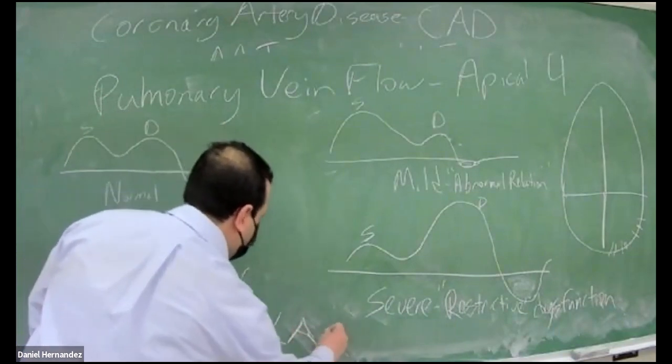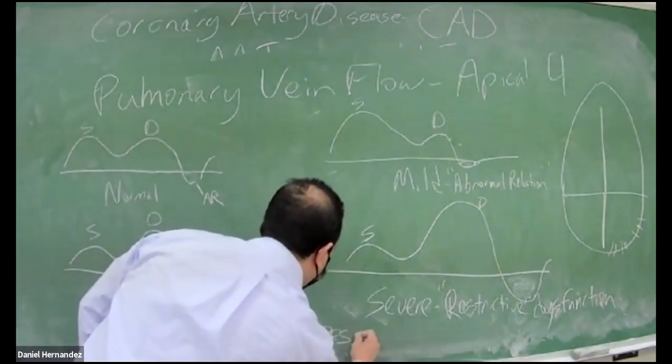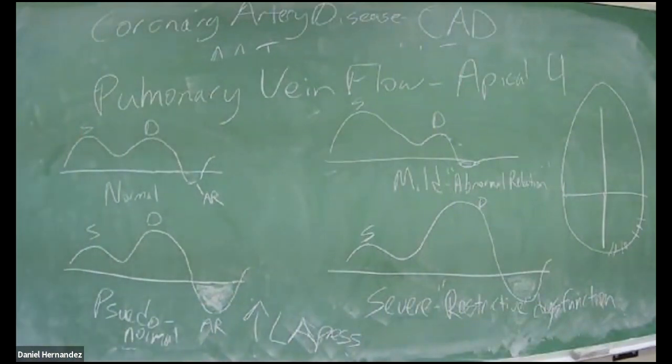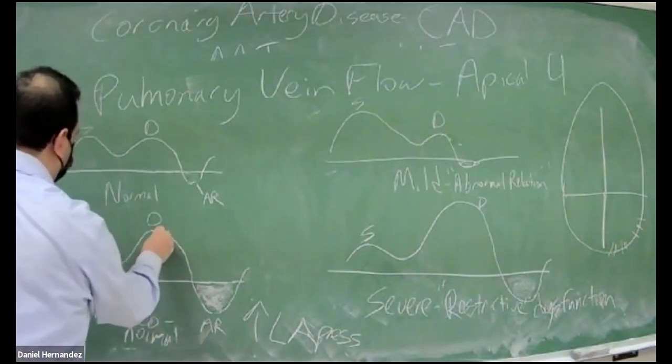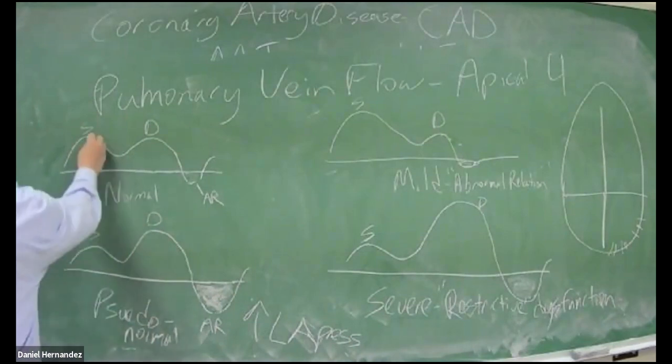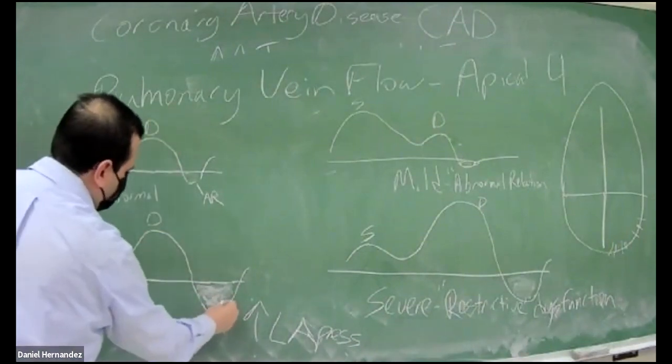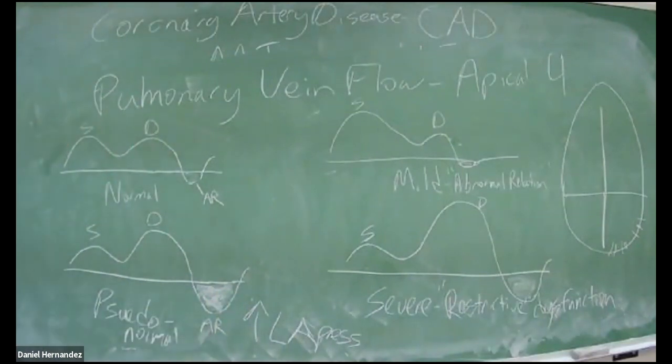So LA pressures are high, so you're going to get a larger amount of flow reversal, as well as the diastolic component is going to be higher as well. These two are pretty similar. You're going to have a larger diastolic component as well as a much larger area of flow reversal.